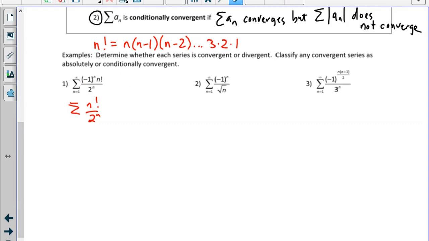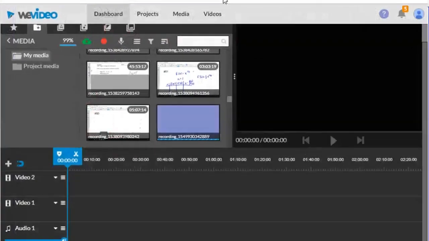So if I take a look at this sum, that's definitely going to diverge because if I take the limit as n goes to infinity of n factorial over 2 to the n, n factorial grows way faster than 2 to the n. And I'm just going to show you that so then you can see that it's true.